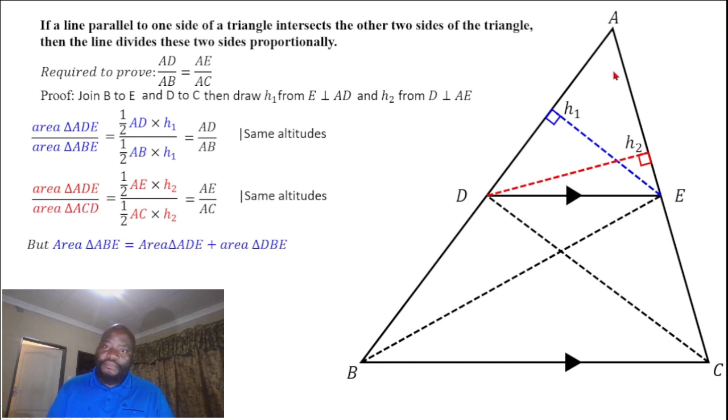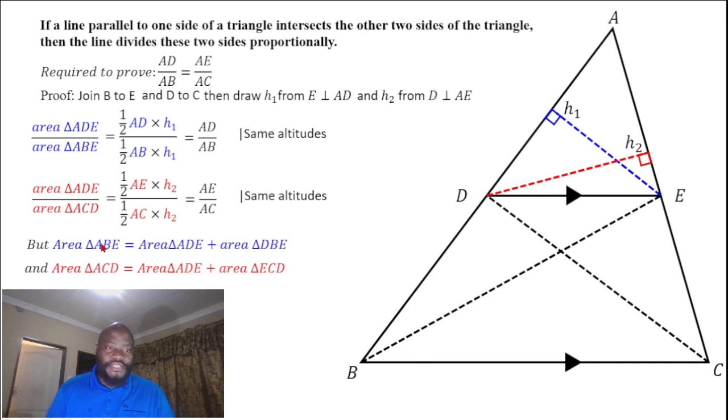ABE is actually made up of triangle ADE and this triangle DBE, this one here. And on the right side, we also have the same situation. The big triangle ACD is actually made up of ADE and this ECD.